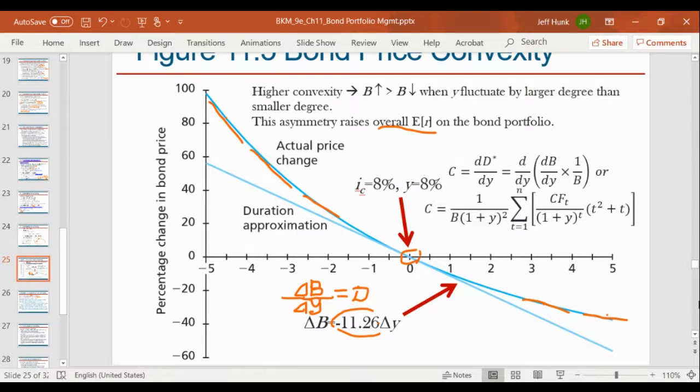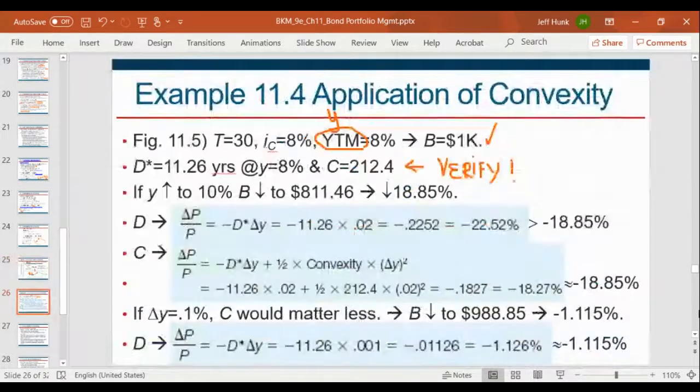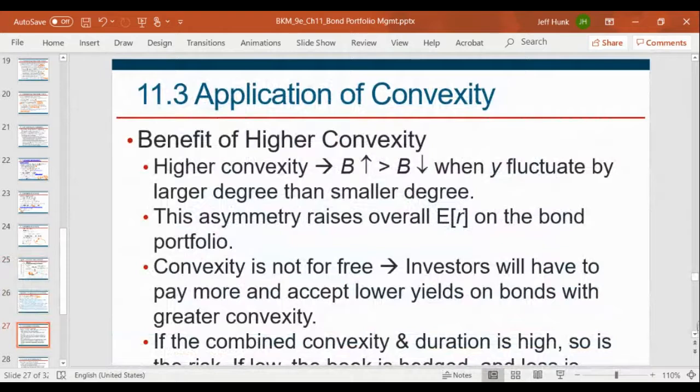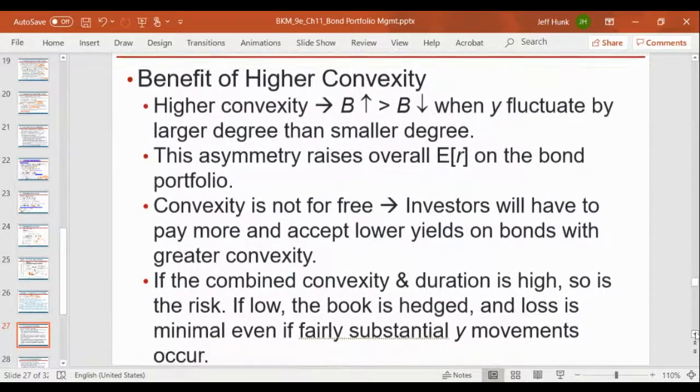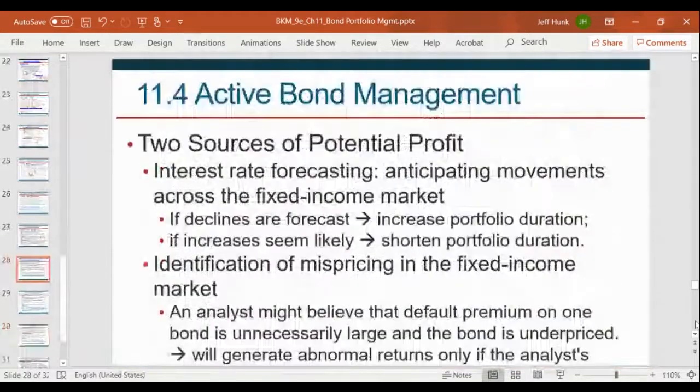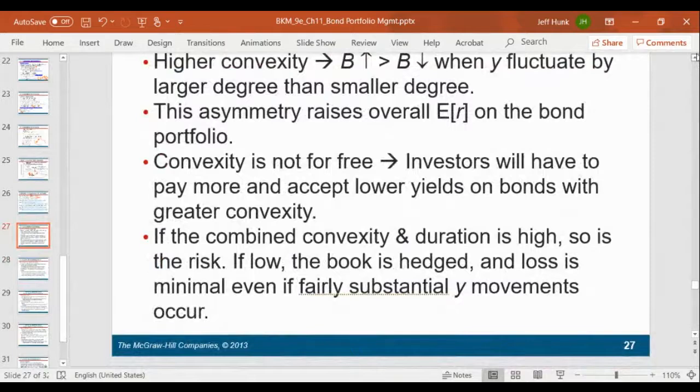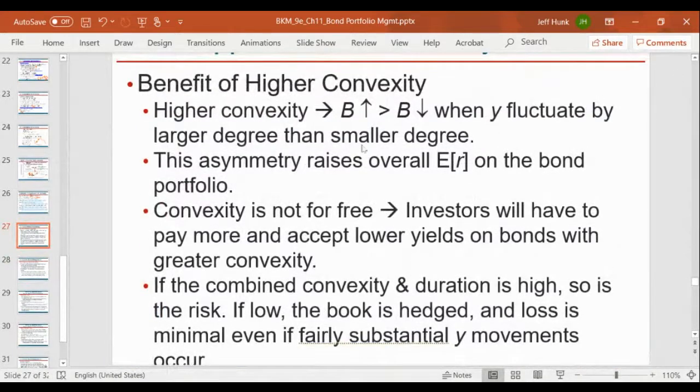Makes sense? So that's one of the benefits of convexity.